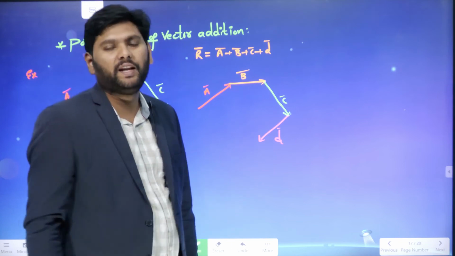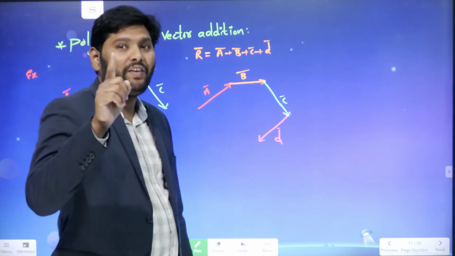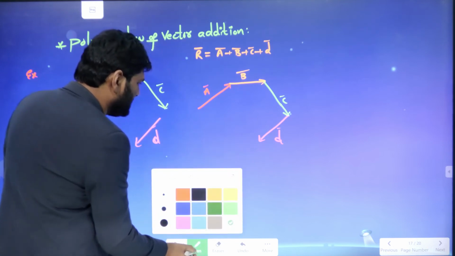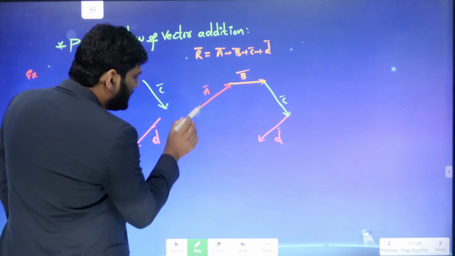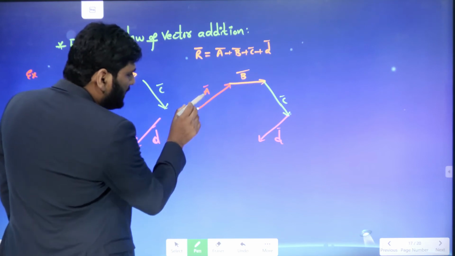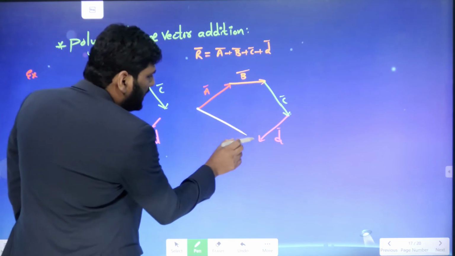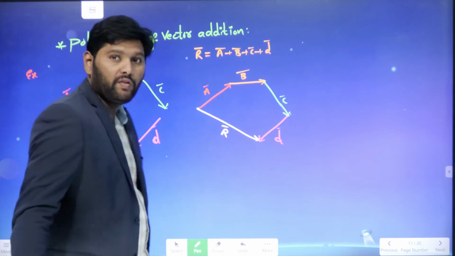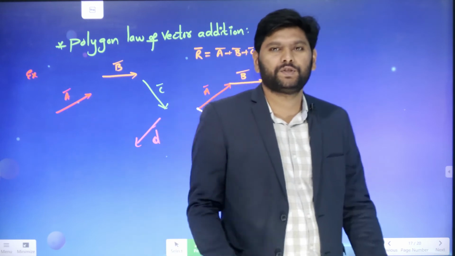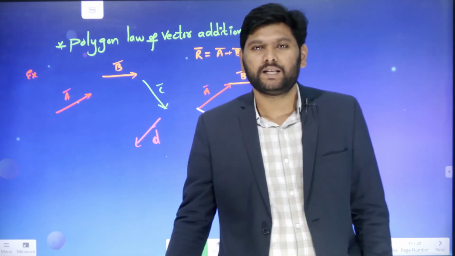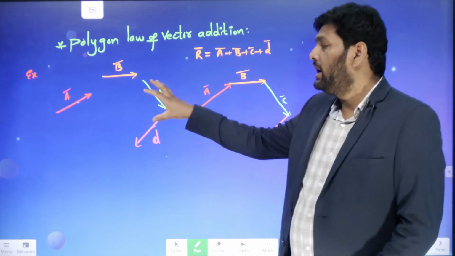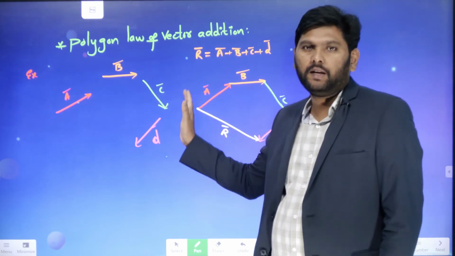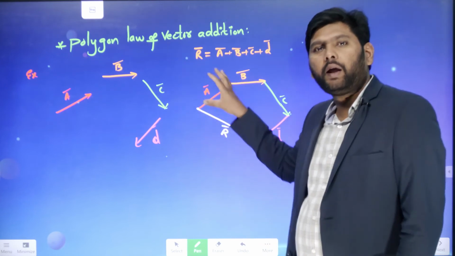But who will give the final result? Look at here. The final result will be given by the closed path. See, this closed path line, from where to where? From the first vector tail to the last vector head, will give you the resultant vector of this. So that is your polygon law. Understand, children? When you are joining all the vectors in an ordered way, first vector head to tail, in such a manner you have added.